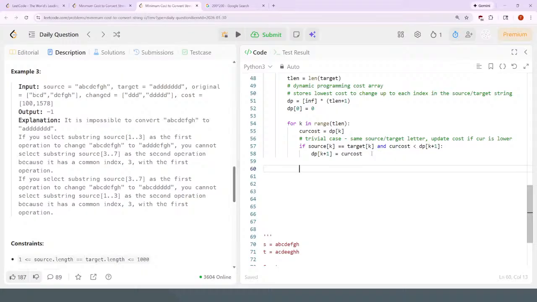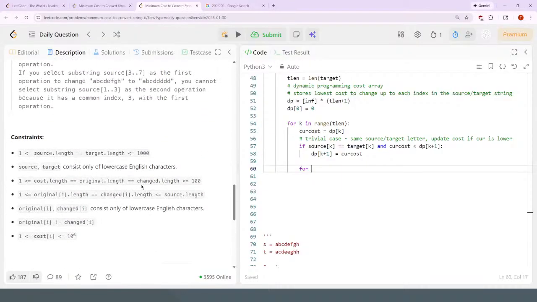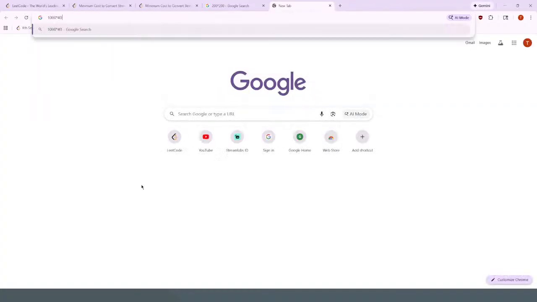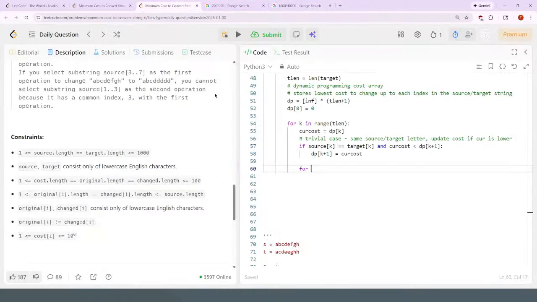Okay, anyways, for every, how slow is this gonna be? It'd be 1,000 by 200 by 200. 1,000 by 40,000. Guess that's 4 million, or is it 40 million? That might be too slow. Oh well, let's try it.